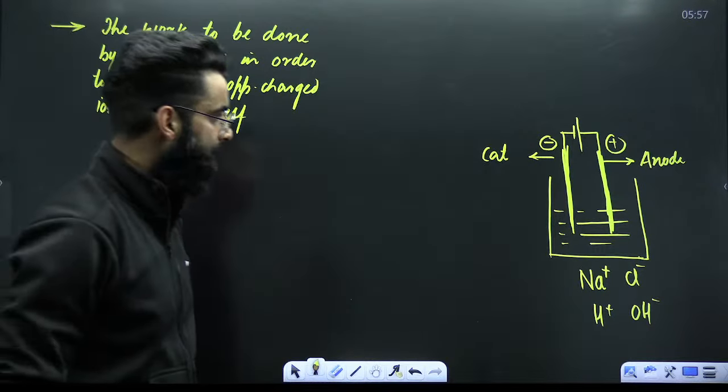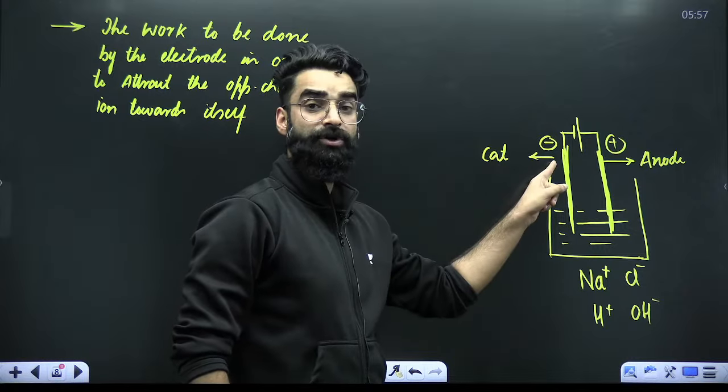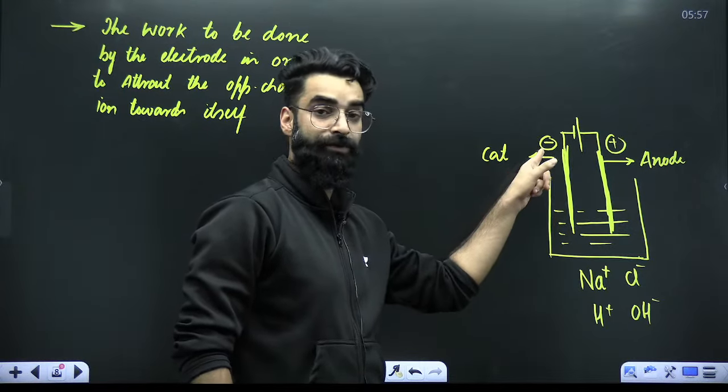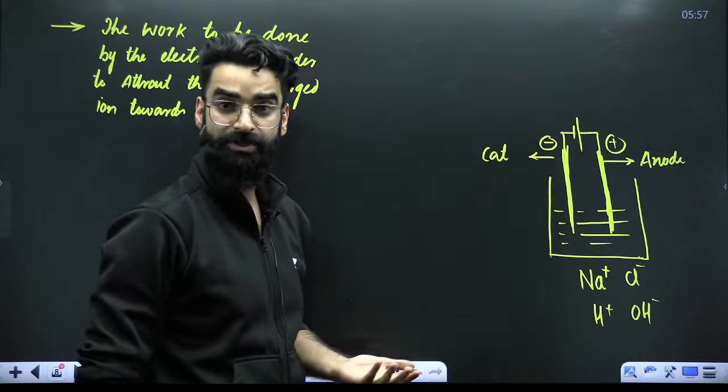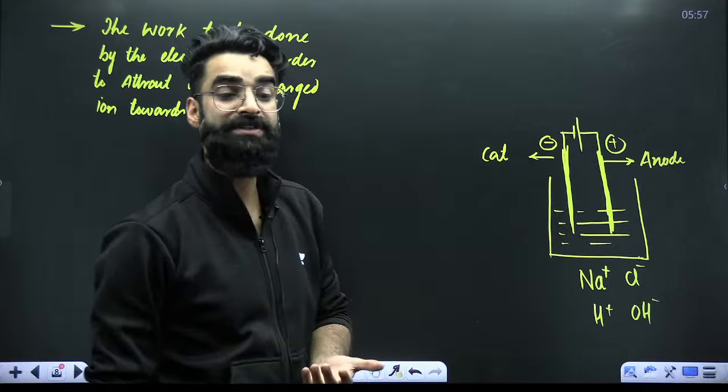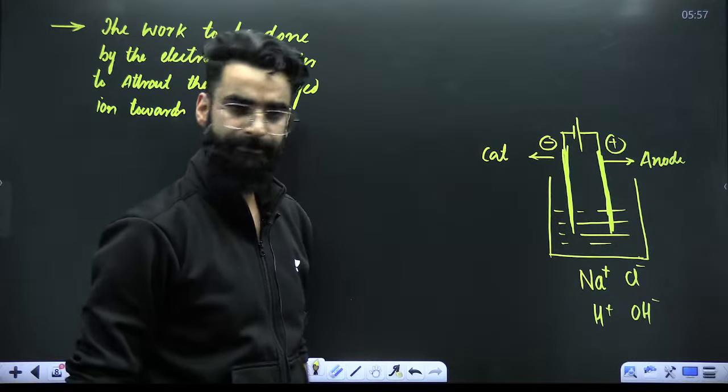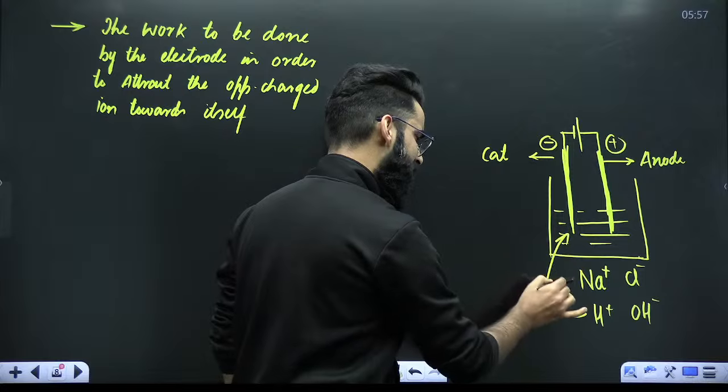Now guys, try to understand. This cathode, this negatively charged rod, will try to attract the positively charged ions towards itself, so it will try to attract this one as well as this one.